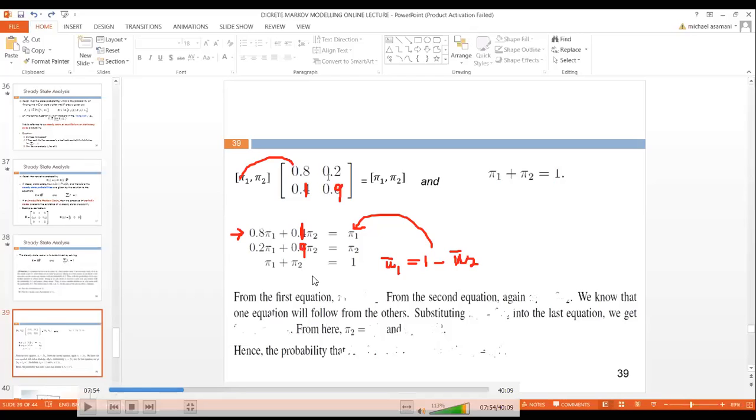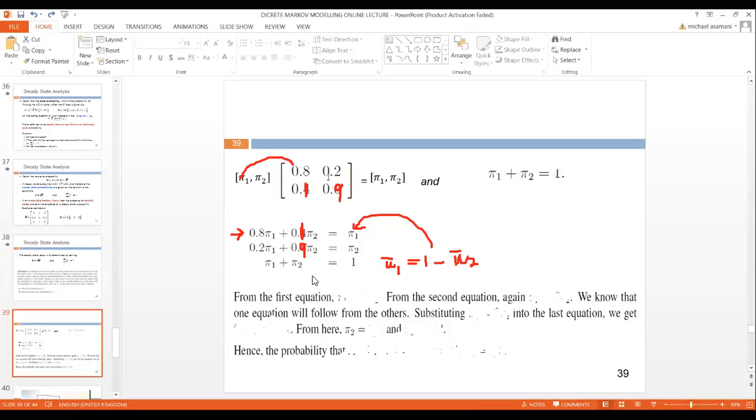But sir, with the pi 1 there and the equals to, shouldn't we substitute it there? Yes, you substitute there as well.